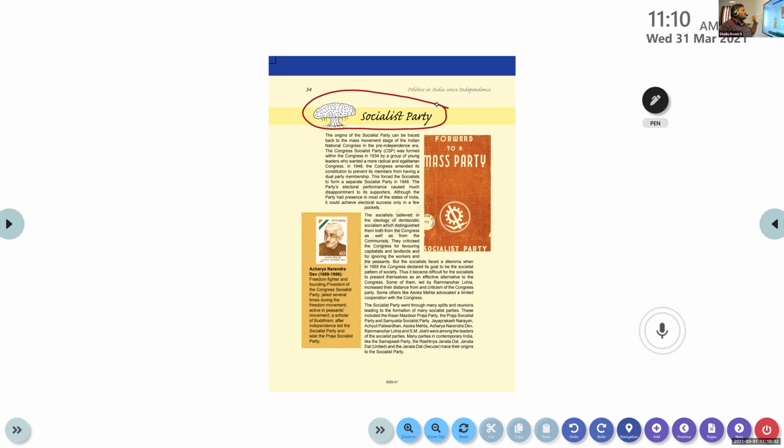The origin of the Socialist Party can be traced back to the mass movement stage of the Indian National Congress in the pre-independence era. So we are able to find the development of the Socialist Party in India even in the pre-independence period. The Congress Socialist Party, remember, termed as CSP, was formed within the Congress.